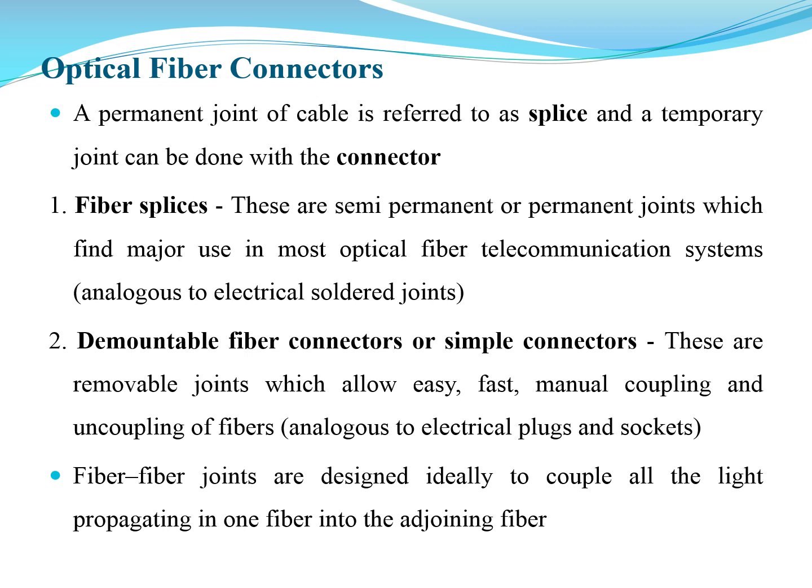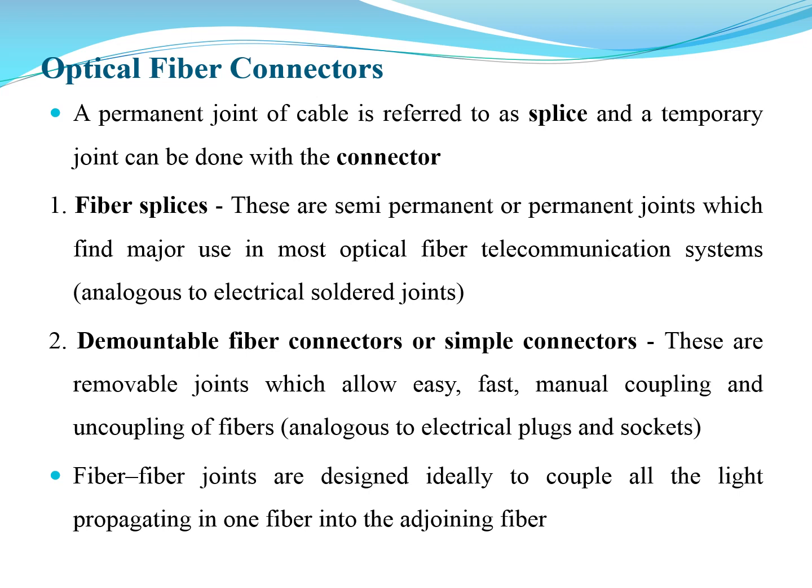Similarly, the second one, demountable fiber connectors or simple connectors. These are removable joints which allow easy, fast and manual coupling and uncoupling of fibers. It means that anyone can join the optical fibers using a connector, and these joints are removable, which can allow the light very easily to enter the optical fiber.